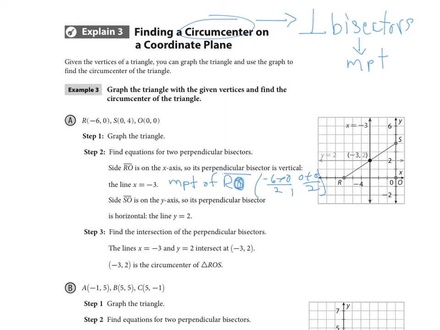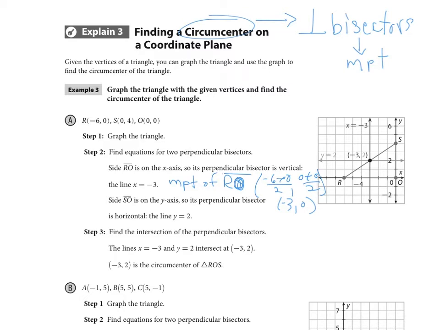Remember, we're taking the average of the x coordinates and the average of the y coordinates. Add the x coordinates, divide by 2, add the y coordinates, divide by 2. And when we do that, I hope you can see we get the point negative 3, 0. So what is the line that is vertical through that point negative 3, 0? That's going to be the x equals negative 3 line, okay?